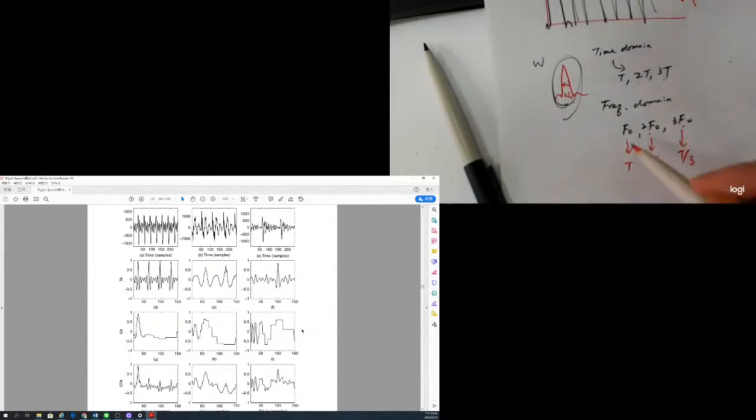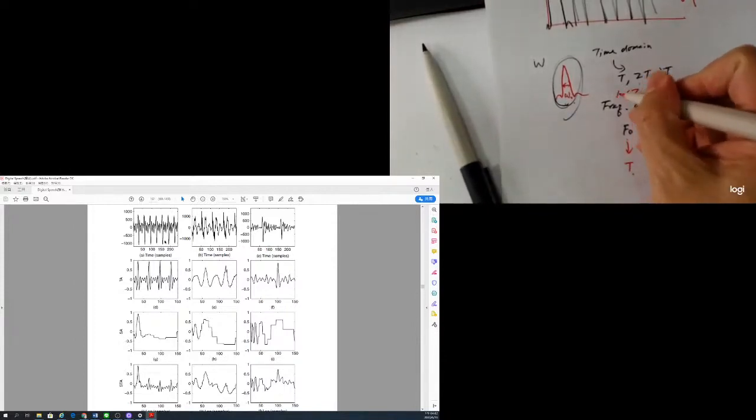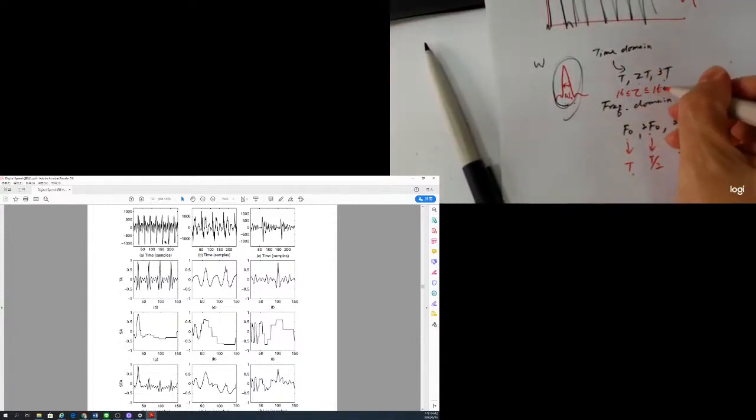However, looking back at the time domain, that one is the pitch, a half of the pitch, one third of the pitch. If your pitch is smaller, you can easily find 2 pitch, 3 pitch, because we are searching tau from 60 to 160.